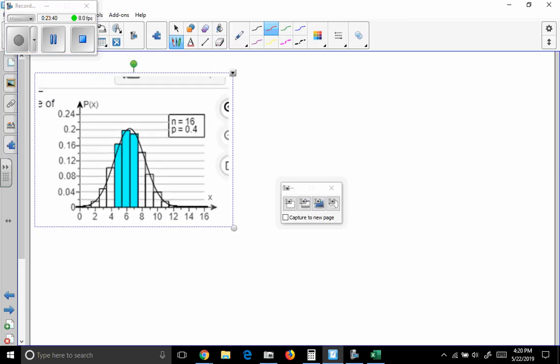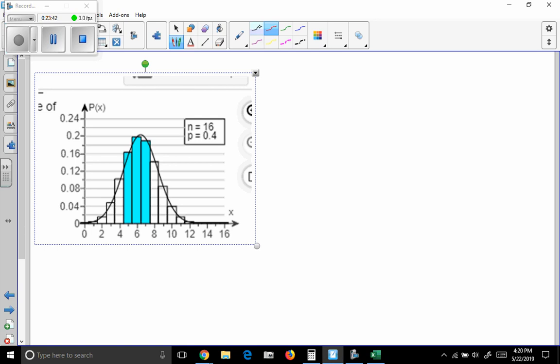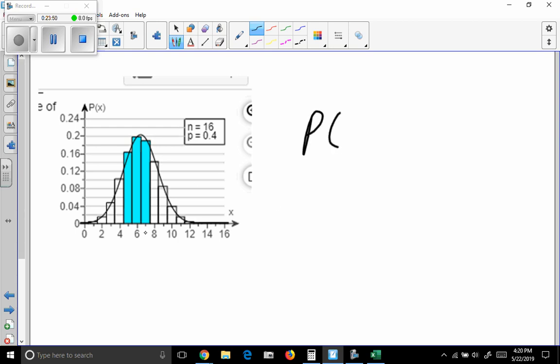So they ask us several things. To begin, they say, write this binomial probability question. So this is the graph of the binomial probability distribution. The bars represent, just like we did over here, the probability of each of these.